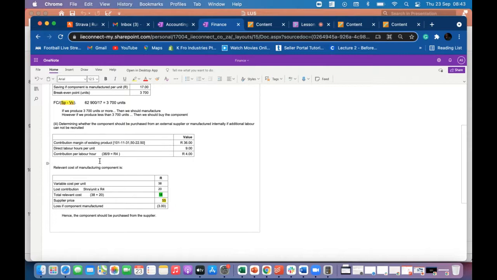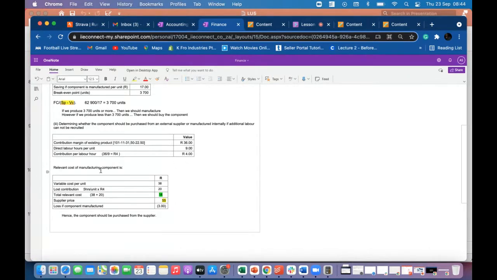We said, okay, what was the contribution per unit of the limiting factor? What was the contribution according to the limiting factor? So that's what they're doing here, contribution per labor hour. So 36 divided by 9, that's how we're getting this 4 Rand.